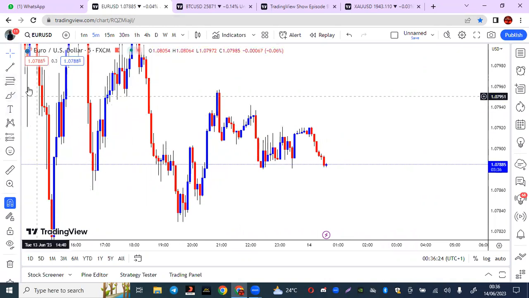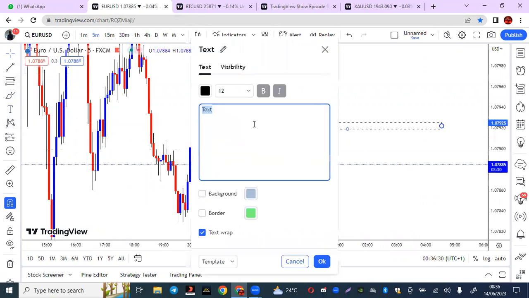Okay. So now let's calculate pips. Let's say I want to buy EUR/USD. My entry price is 1.07886.